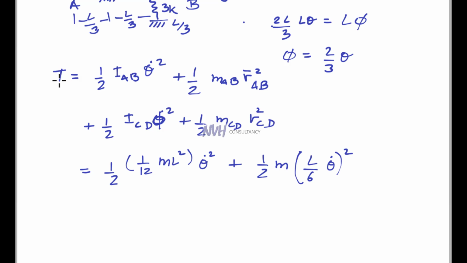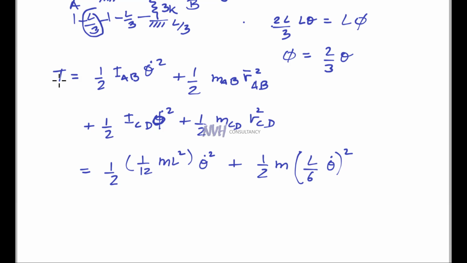So the translational velocity is given by half of that distance. The distance is again L by 3, and 1 by 2 times L by 3 will be L by 6. So that's how you get it for the AB.